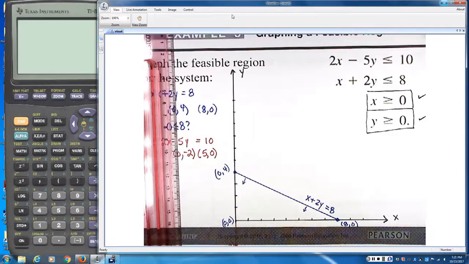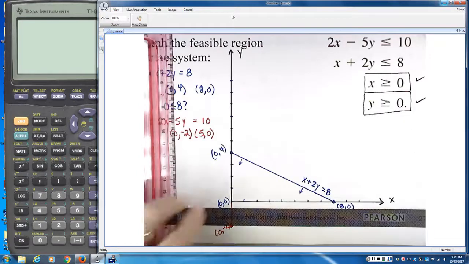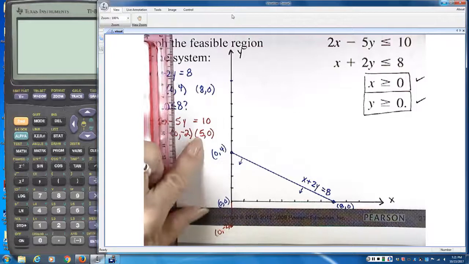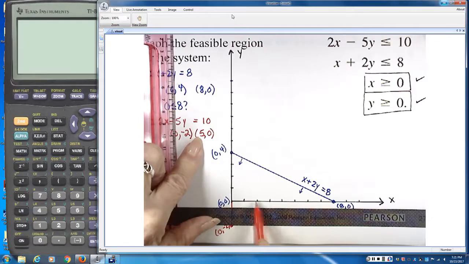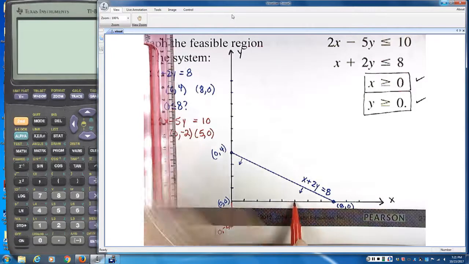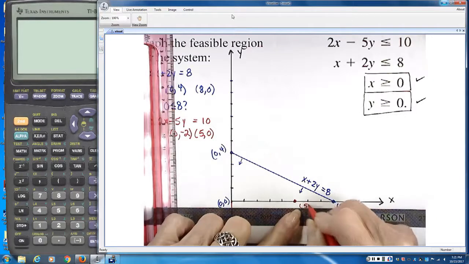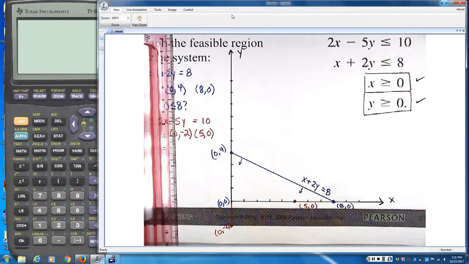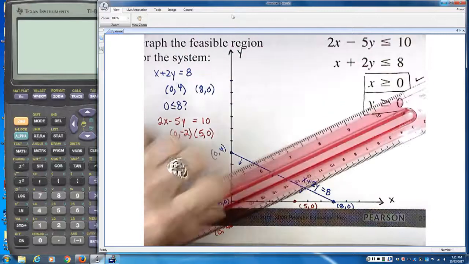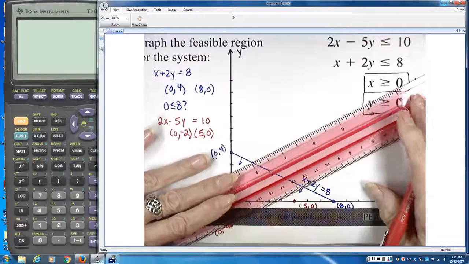So I can still figure out where it is. And then 5, 0, 1, 2, 3, 4, 5. So I'll still connect up those 2 points.